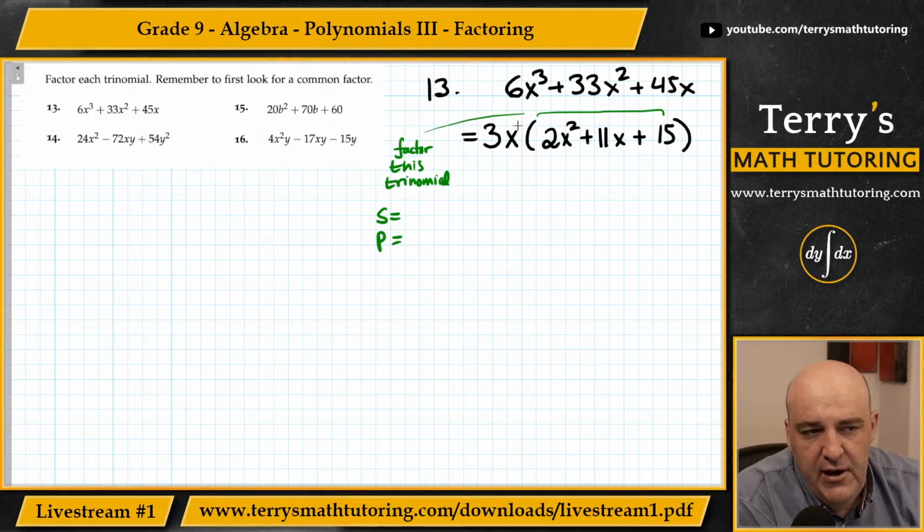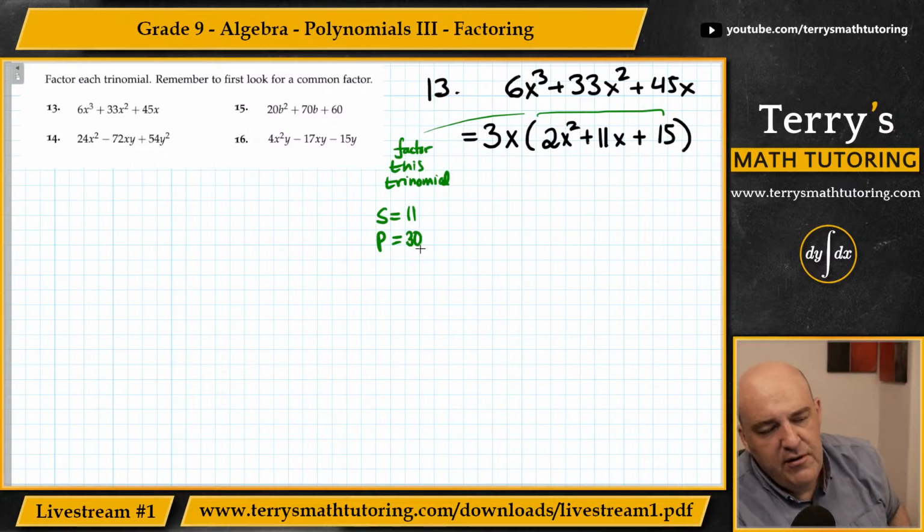You know, this 3x here, it's not really going to play a role in the rest of the problem. It's just going to be recopied. Every line is going to have a 3x in front. And our main work now is going to be inside the brackets here. So the sum should be 11. And the product should be 2 times 15, which is 30. Let's think about what numbers make that work.